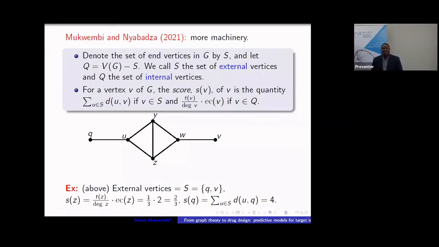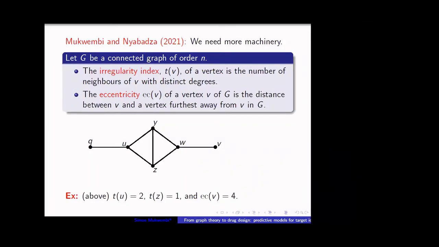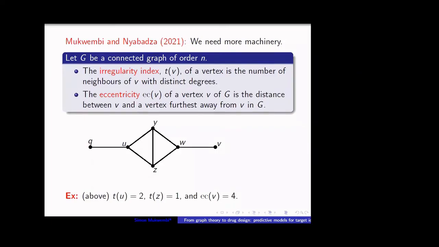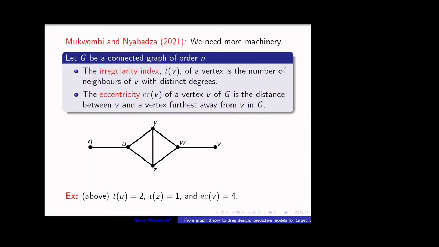Usually when you have your graph, you would worry about the following. I'm going to consider the graph in the picture. You would worry about the number of other vertices that a vertex is joined to. For instance, your vertex V is joined to W, and your vertex Y is joined to U, W, and Z. So you can see that Y is more popular than V in a sense.